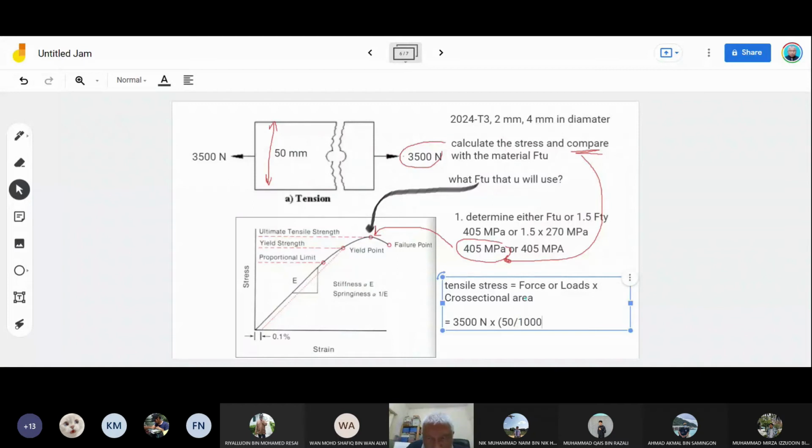If not, you got it wrong, because the unit is engineering meter. 50 minus the hole here, which is 4, you times the thickness, which is 2 over 1,000.